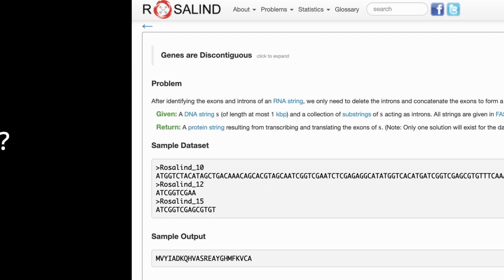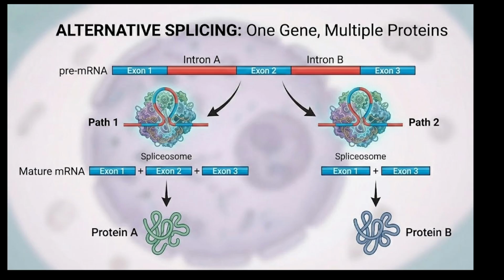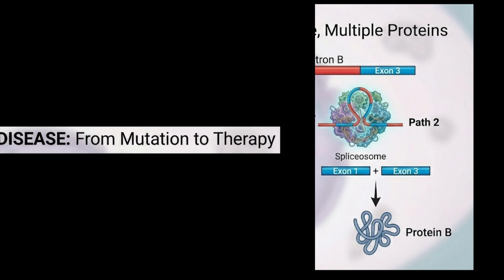Why does this matter in 2026? Because alternative splicing allows one gene to create multiple different proteins by mixing and matching different exons. This is how humans achieve such incredible complexity without needing millions of extra genes. More importantly, splicing errors are a massive target for modern medicine.